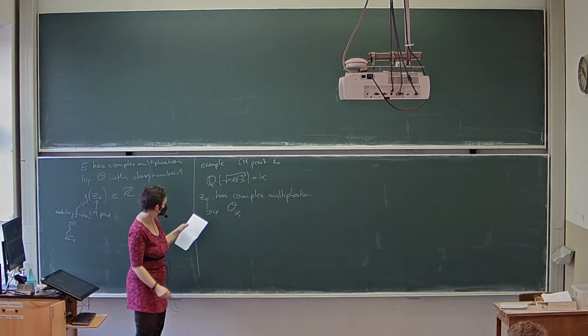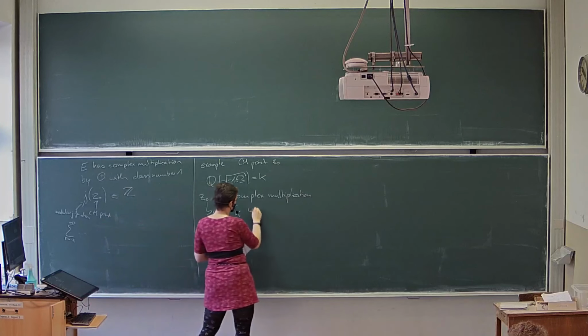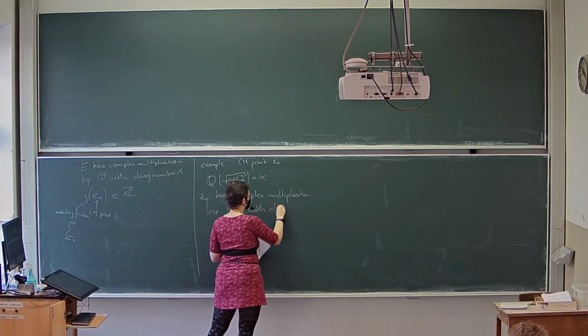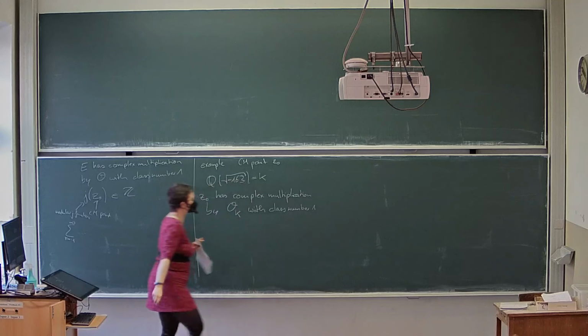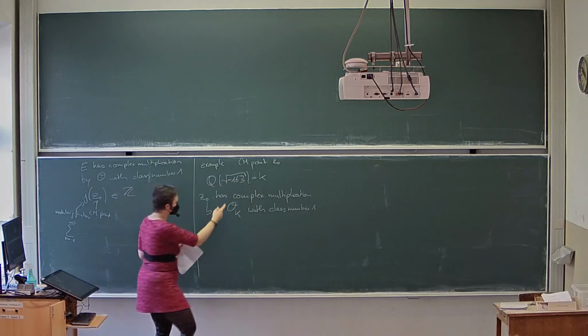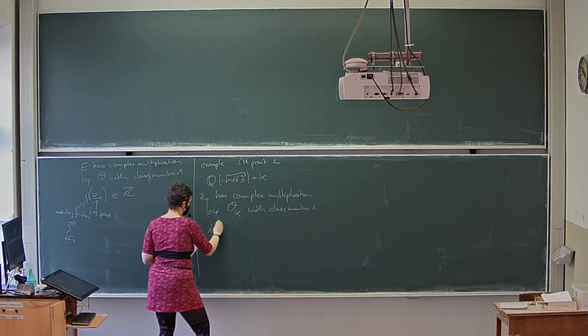And this field has class number 1. So that means J of Z0 is an integer.